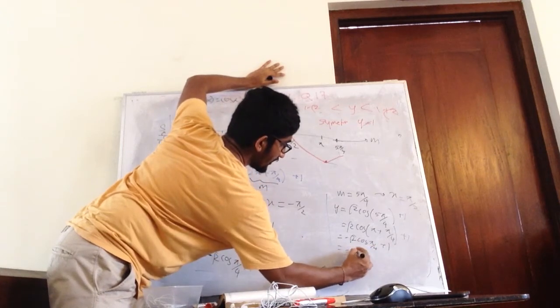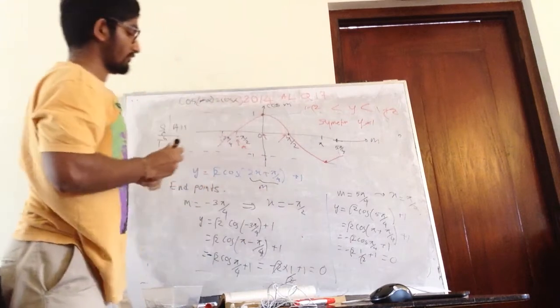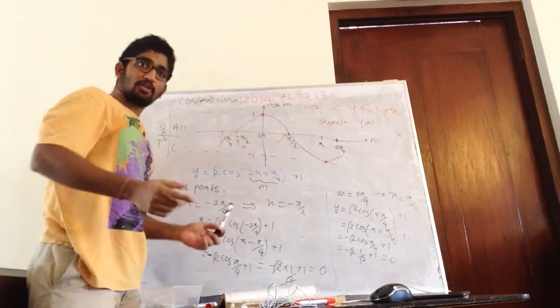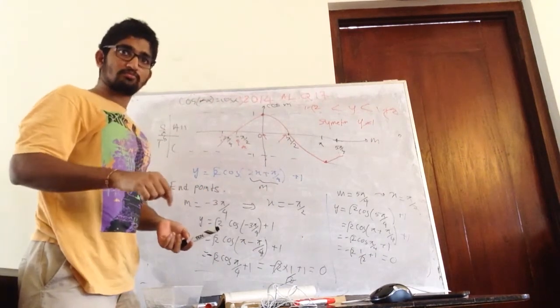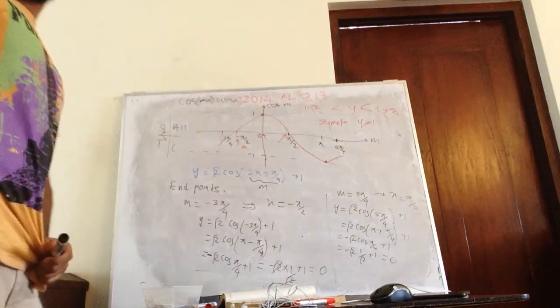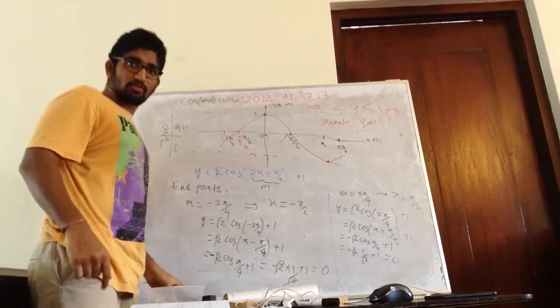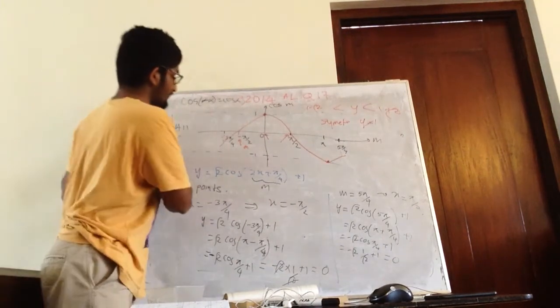So minus square root 2 plus 1 is going to be 0. So basically corresponding values at the endpoints are going to be 0 in this graph. Right? So we know everything now. We just need to draw it up.